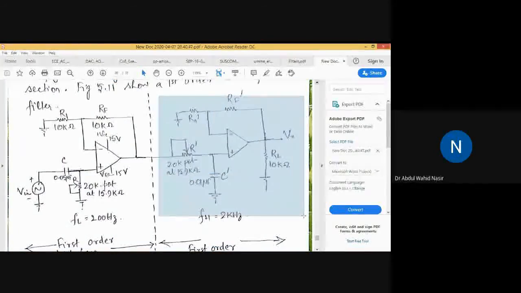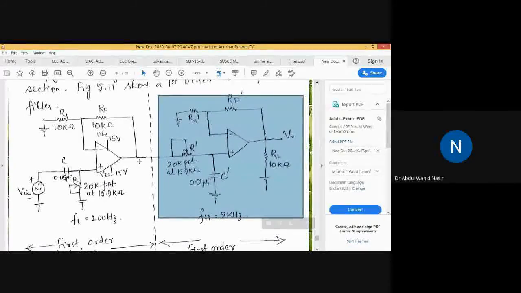Clear? You can also see the output of the first order high pass filter is acting as the input to this low pass filter. If you cascade these two filters, then you will have a band pass filter.